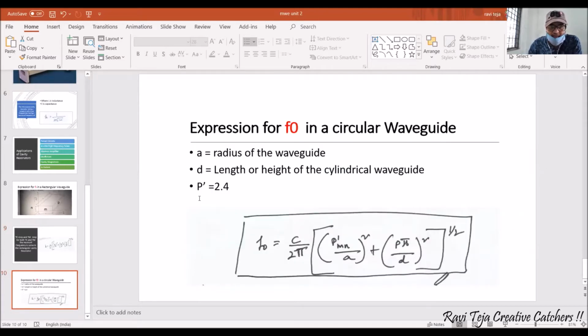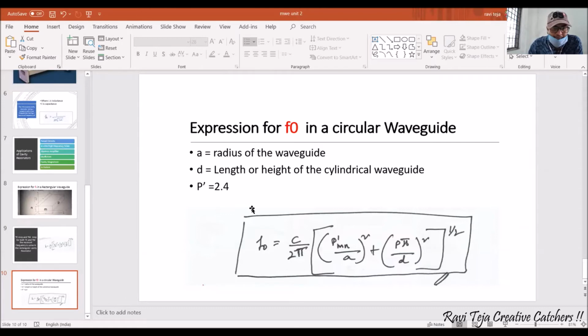This is also very, very important, where A is the radius, D is the length or height of the cylindrical waveguide, and this capital P, or P dash, is equal to 2.4. Why?